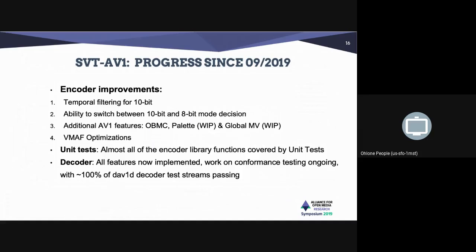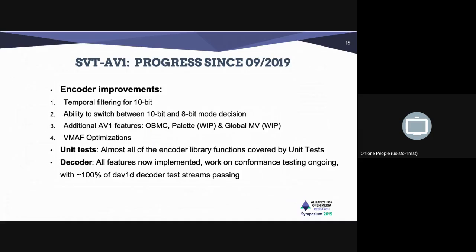Since September 2019, we also made good progress by improving SVT-AV1 and by adding several features such as temporal filtering for 10 bits.